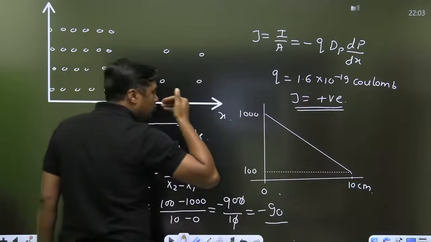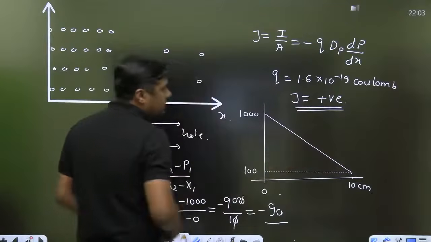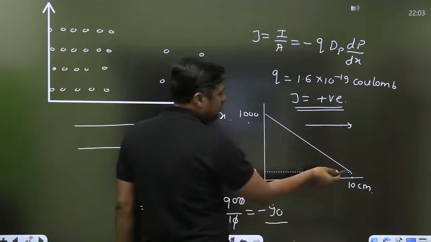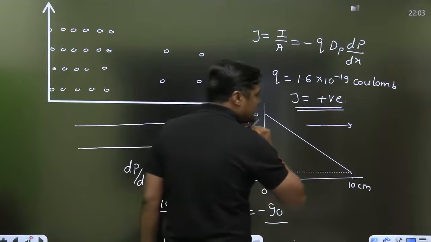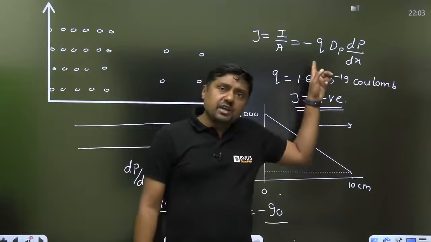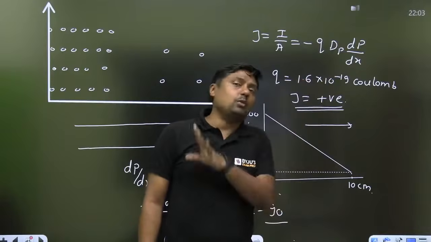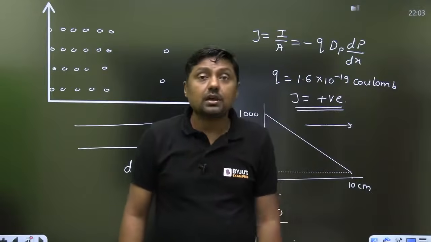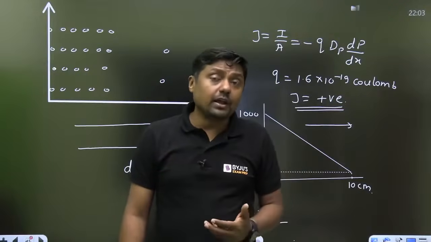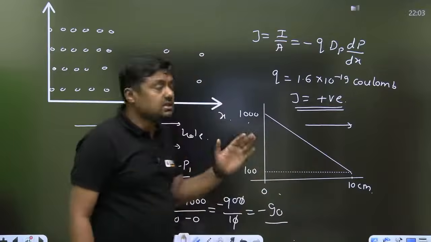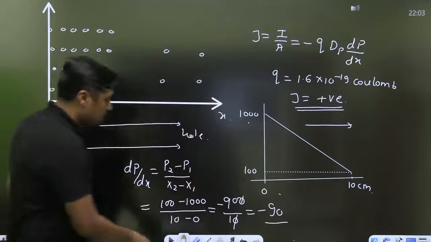Definitely the hole will move in x direction and current will be in the same direction. Holes move from higher concentration to lower concentration and current will be in the same direction. So we are putting the negative sign so that the numerical value will be positive, meaning current is in the positive x direction. If we are getting a negative answer, it means current is in the negative x direction. So that is the meaning of this formula.